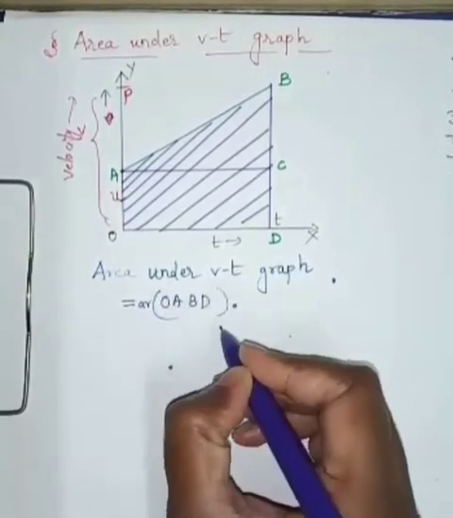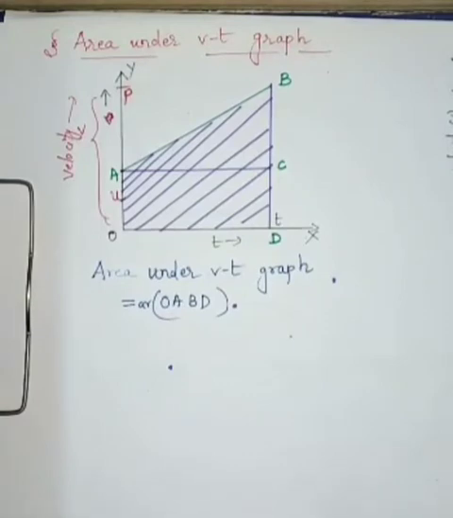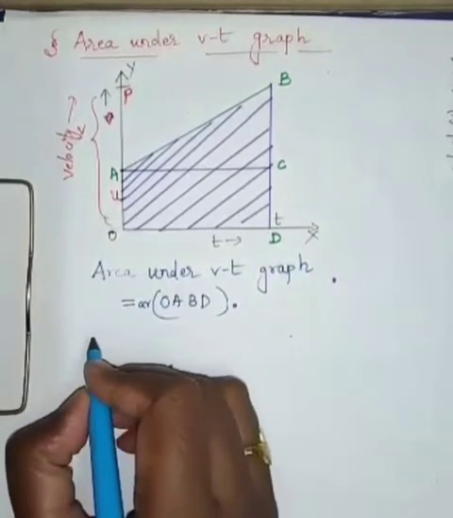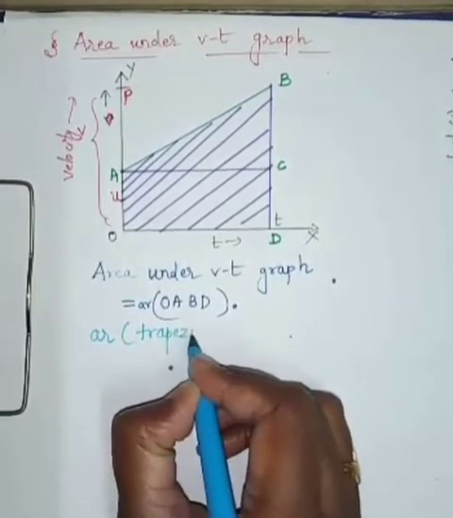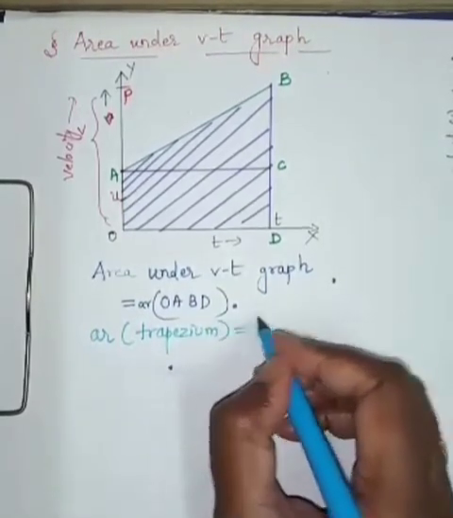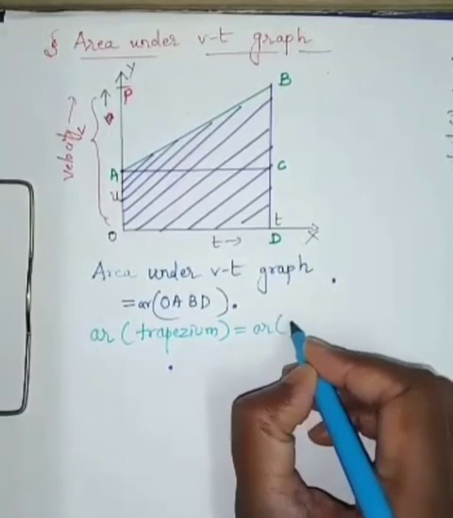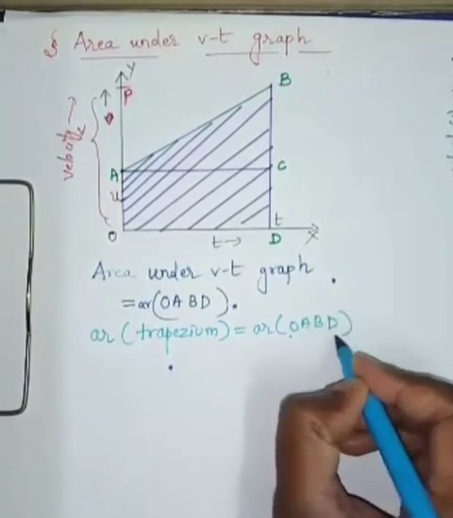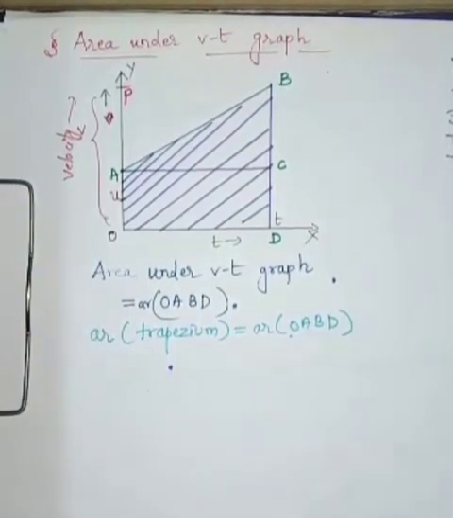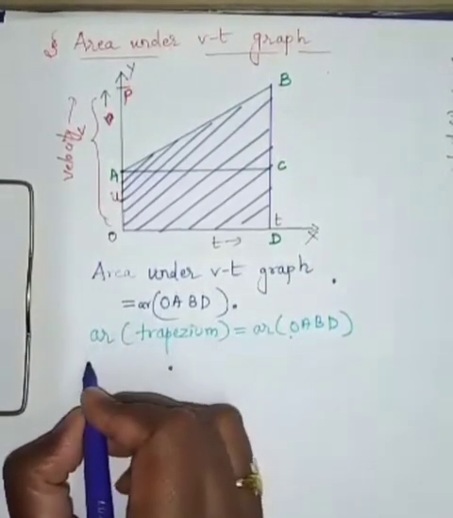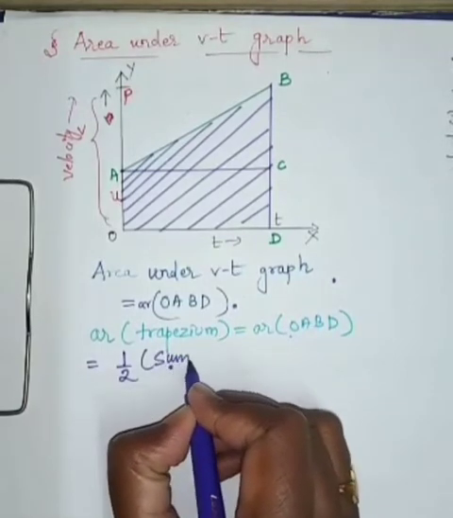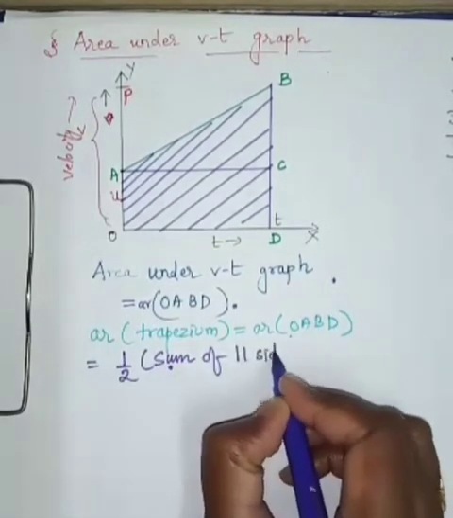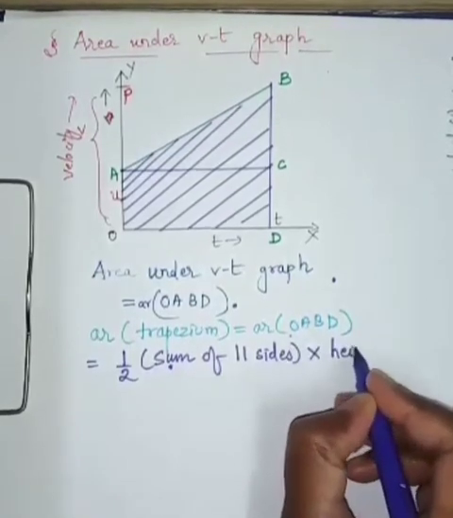Area of OABD is equal to the area of a trapezium. What is the area of a trapezium? The area of the trapezium is equal to half into sum of parallel sides into height.